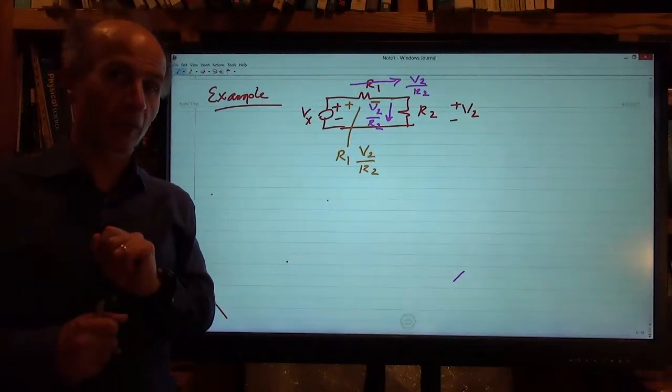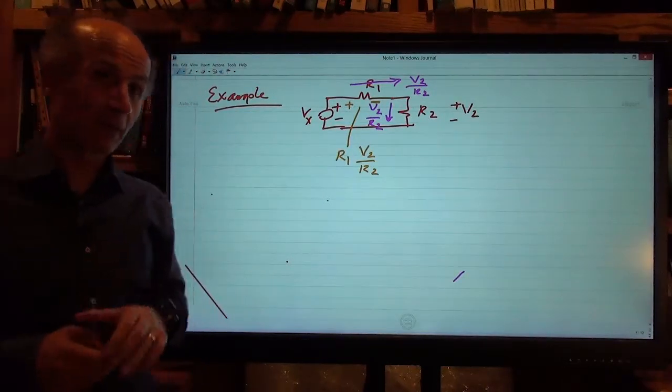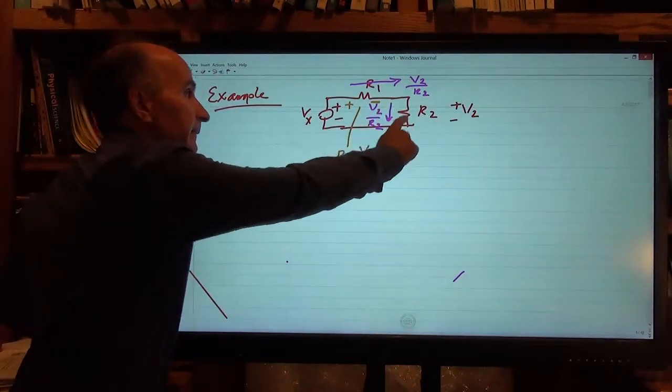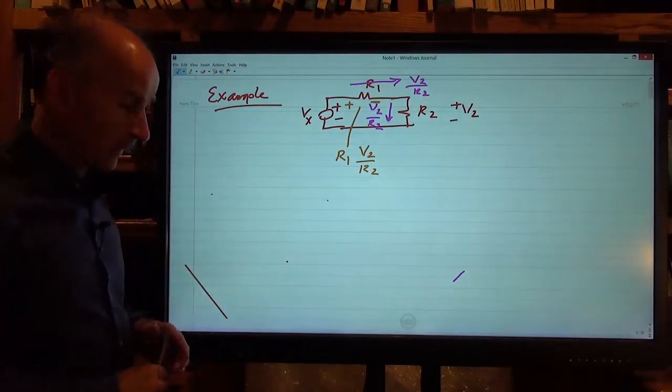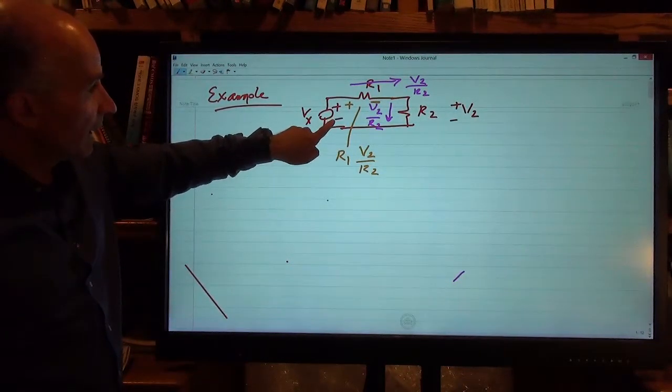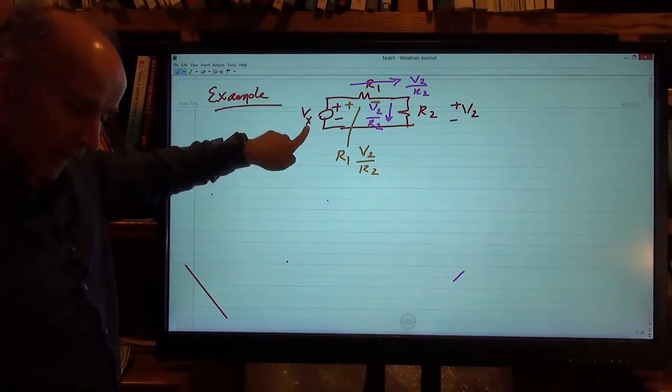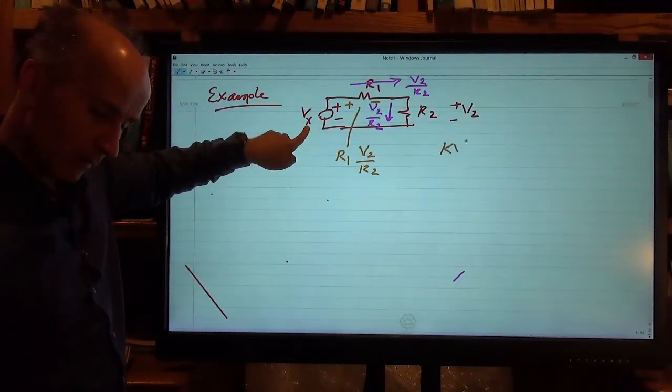Now we are ready to write a KVL because we have a loop. So we're going to start from here and write a KVL. I'm going from negative to positive, so I'm going to write this as minus Vx.